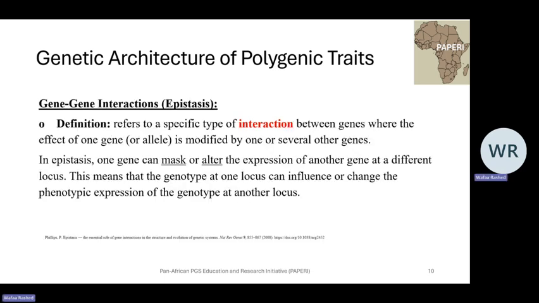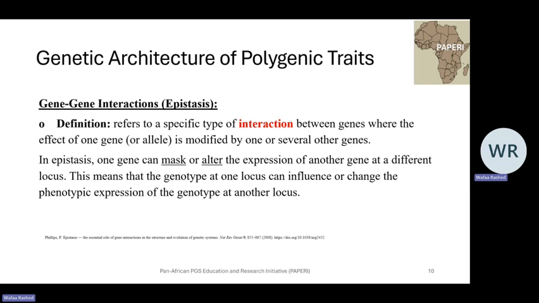And there is an important term, called epistasis or gene-gene interaction. We can define epistasis as a specific type of interaction between genes, where the effect of one gene or allele is modified by one or several other genes.